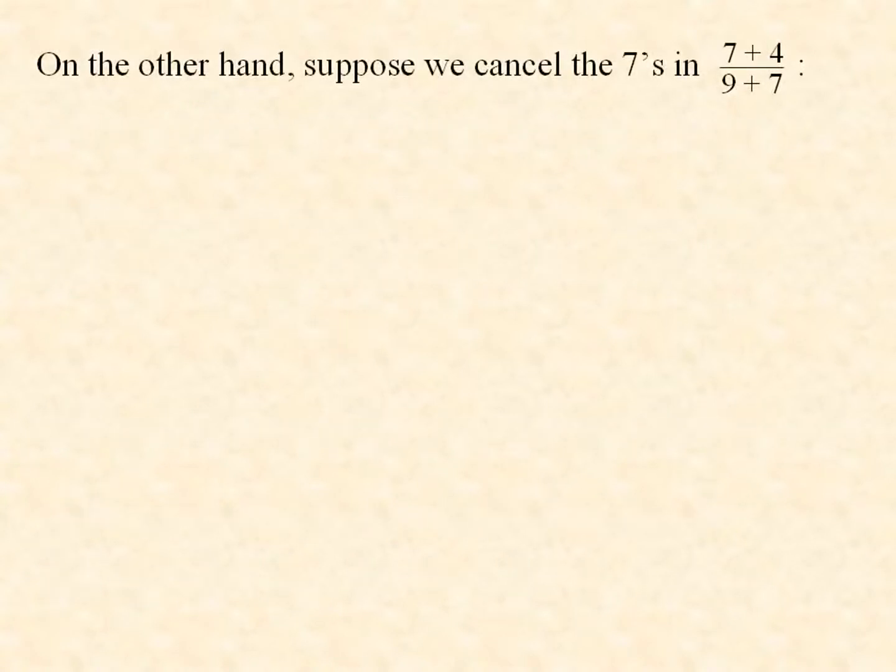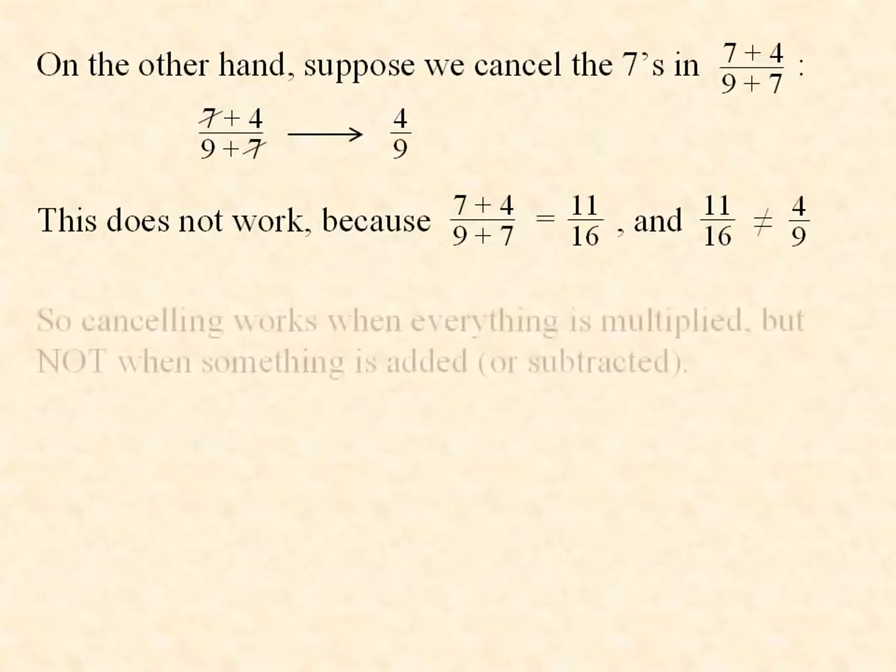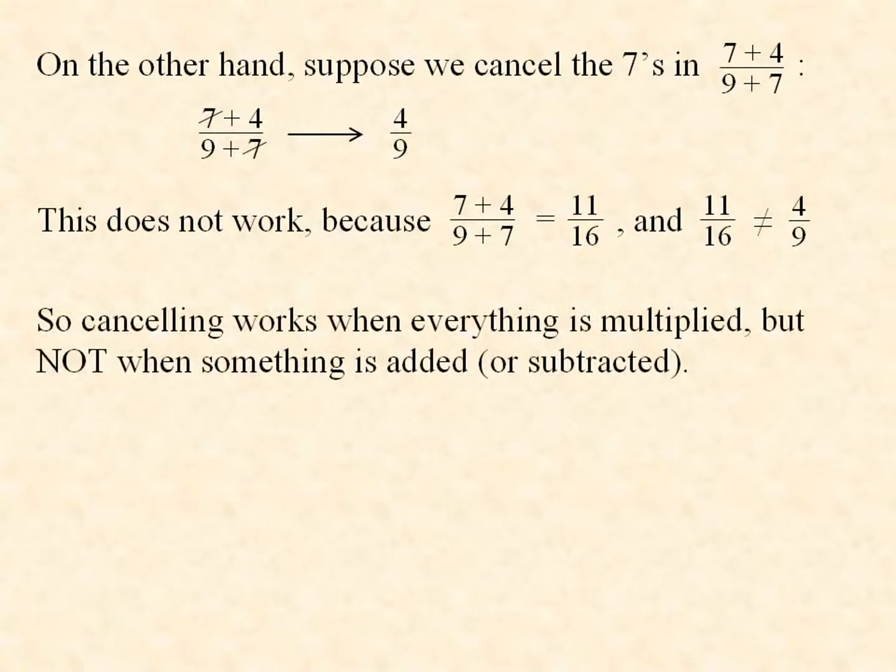On the other hand, suppose we cancel the 7's in this expression, 7 plus 4 over 9 plus 7. It appears we get 4/9. This does not work, though, because 7 plus 4 over 9 plus 7 is 11/16, and 11/16 is no way equal to 4/9. So canceling works when everything is multiplied, but not when something is added or subtracted.